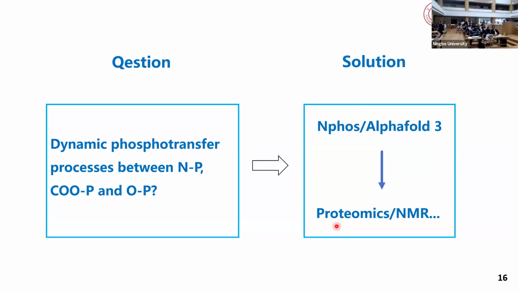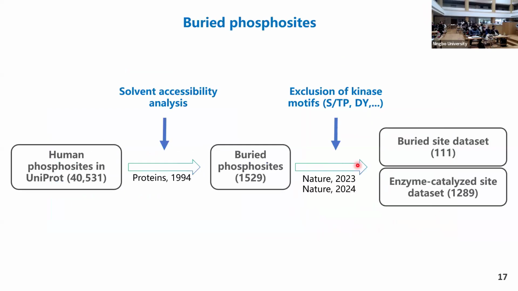And then we choose some interesting proteins to do wet experiments, such as mass spectrometry-based proteomics and NMR experiments. The data are so big, over 10,000 phosphosites. But which site will we choose?